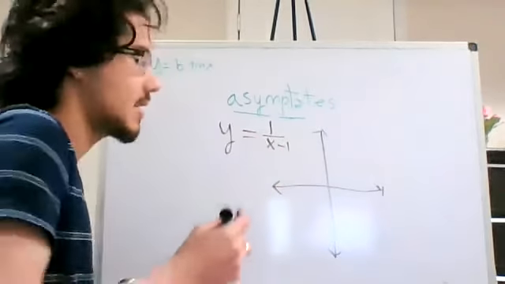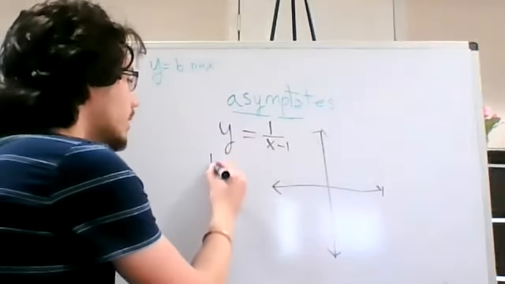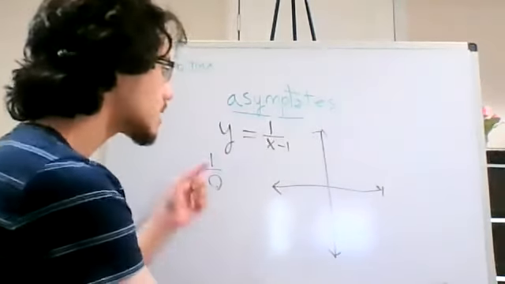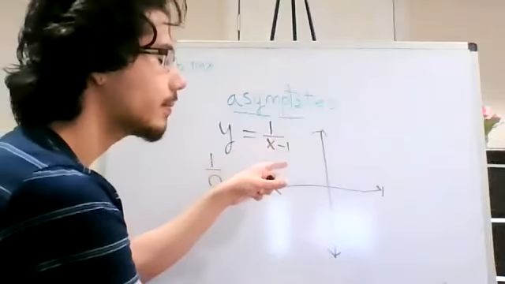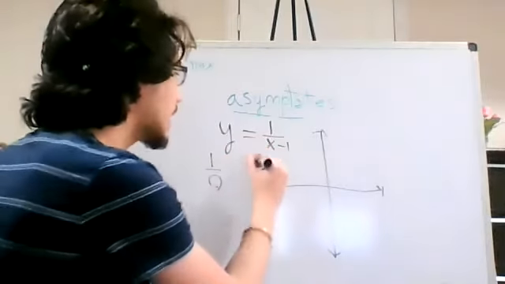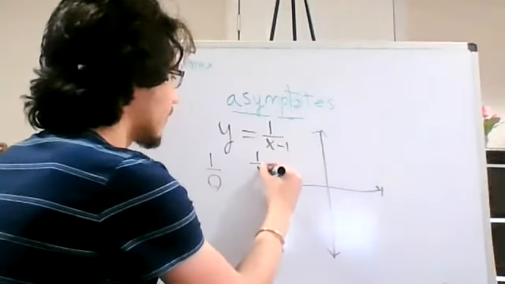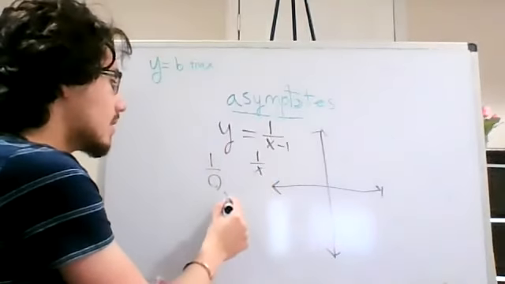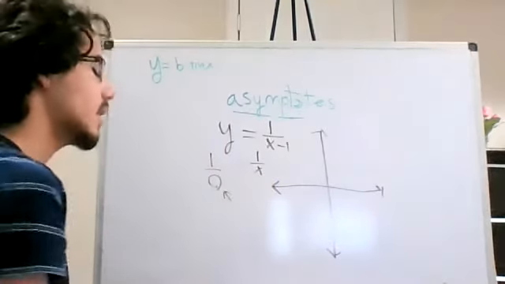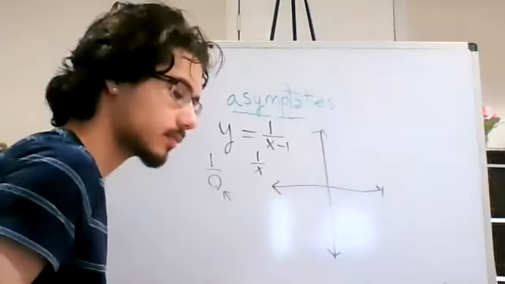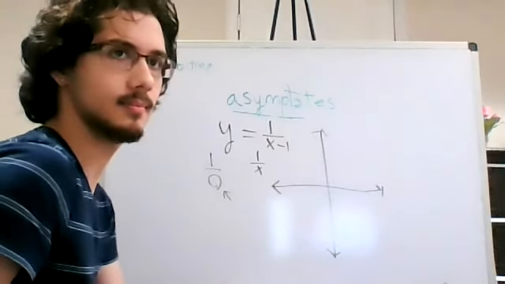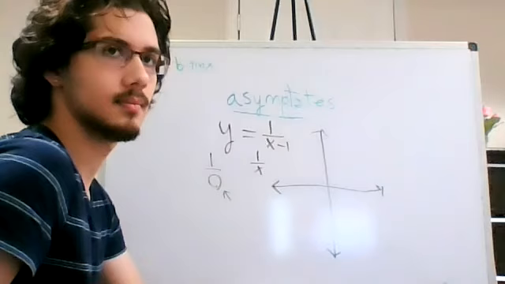So one such example is before when we tried 1 over 0. Because earlier when it was just 1 over x, and we wanted to find out what happens when x was 0, we had this, and we said that we can't do anything with this. Does that make sense? Yes, sir.